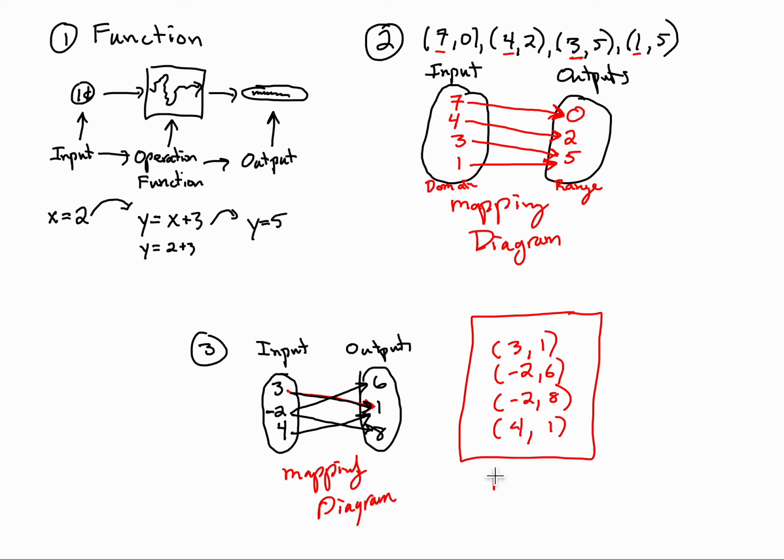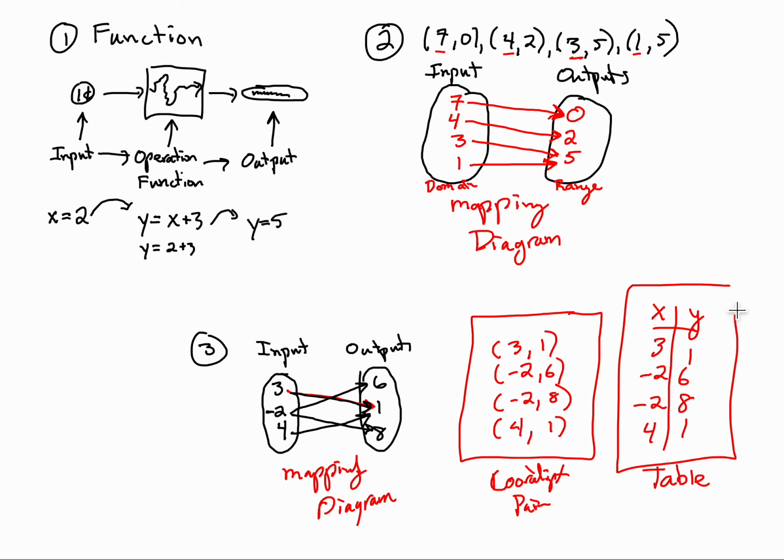We could create coordinate pairs. We could also make a table, and that's kind of how I structured this one, x and y, or input and output. We could do (3, 1), (-2, 6), (-2, 8), and (4, 1).